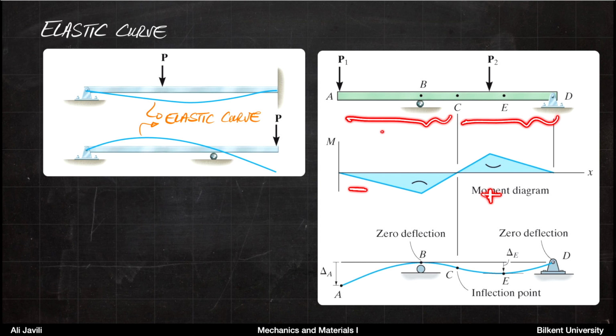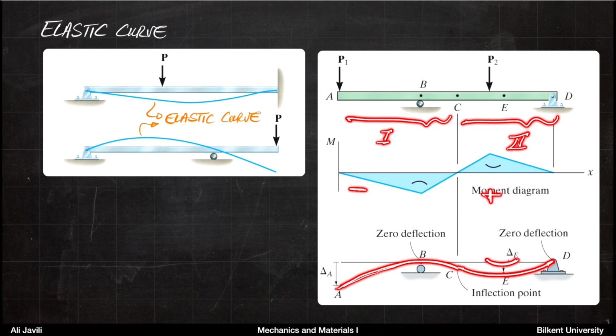So in the first portion, where the moment is negative, it turns out that the deflection of the beam is also downwards. In part 2, where the moment is positive, the deflection of the beam is upwards, or the curvature of the beam rather.